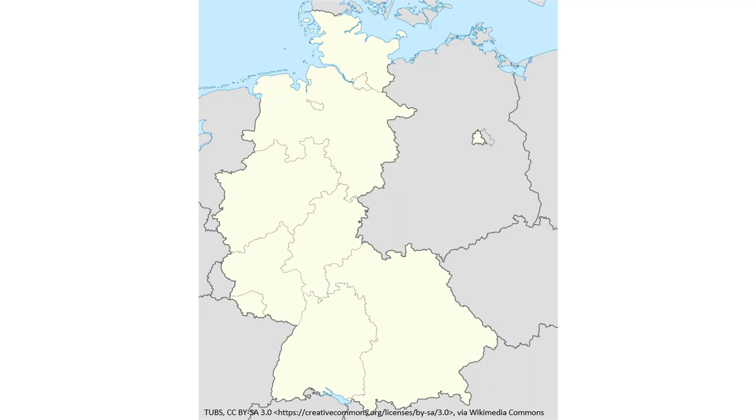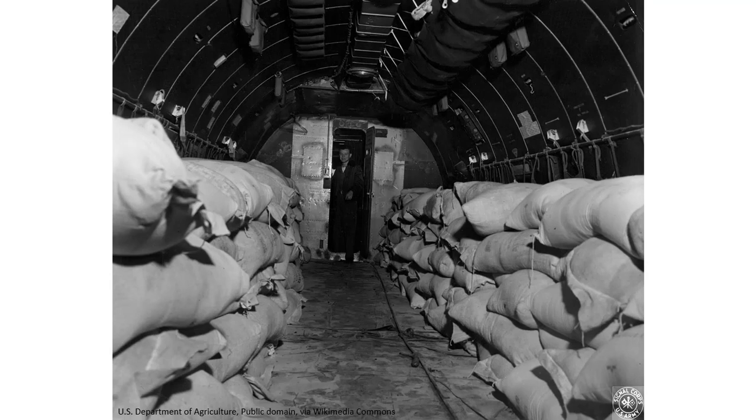The US and its allies responded to the Berlin blockade with the Berlin airlift, and spent the next 11 months sending planes over Berlin to drop off supplies. Stalin could not risk a war by shooting the planes down, and eventually canceled the blockade. The rift between the US and the Soviet Union had fully emerged.